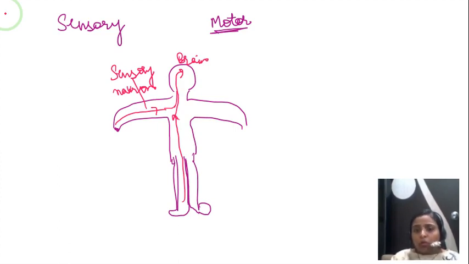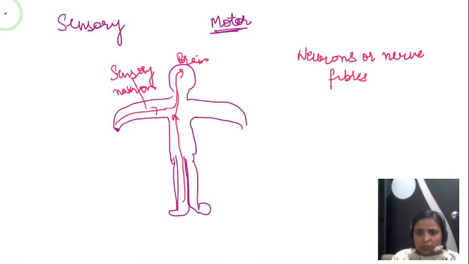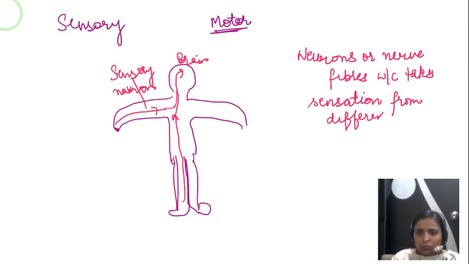So the neurons, let me write, neurons or the nerve fibers which take the sensation from different parts of the body to the brain, right?